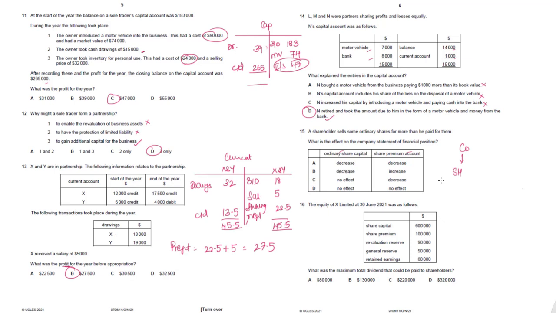He will sell it in the open market. So this company has nothing to do with the transaction that the shareholder does with his shares. So the correct option would be no effect. It does not affect the capital, the premium or any other account of the company's books when the shareholder is selling his shares. So 15D.